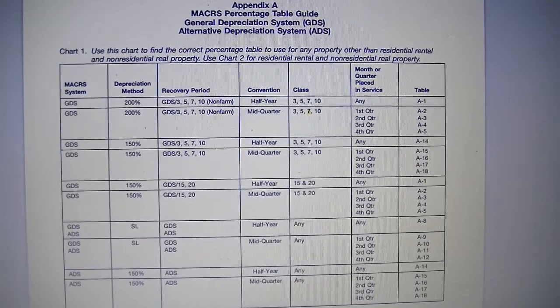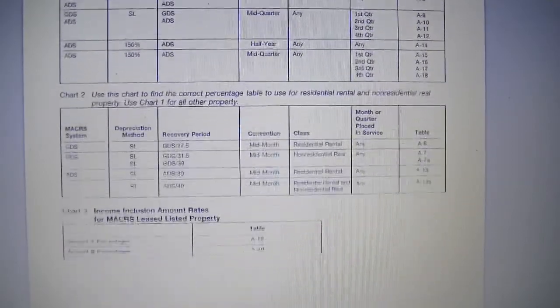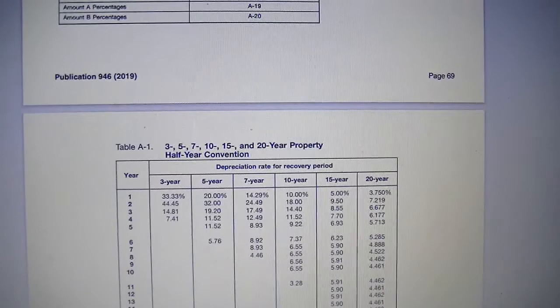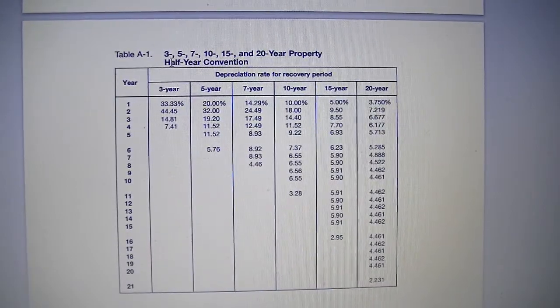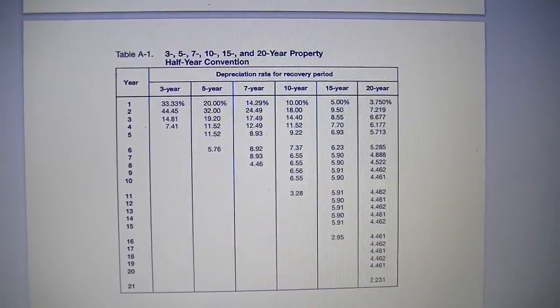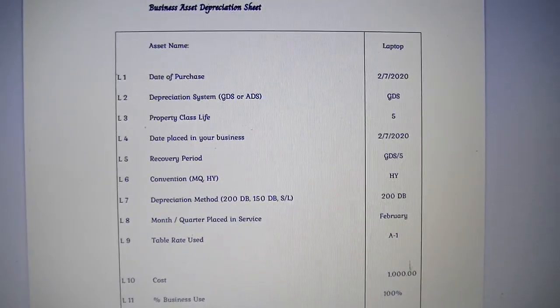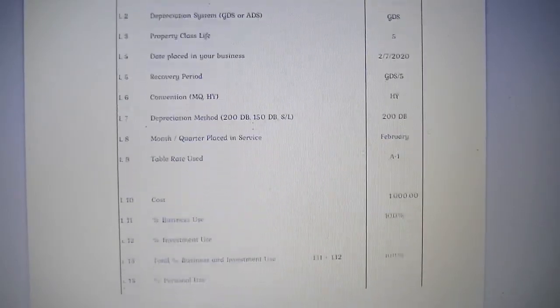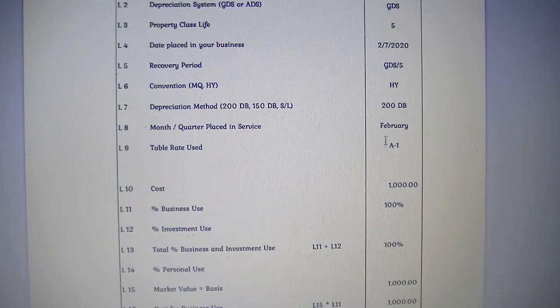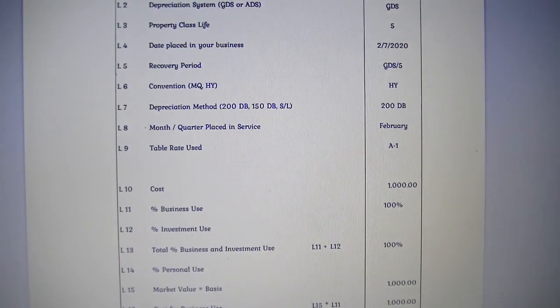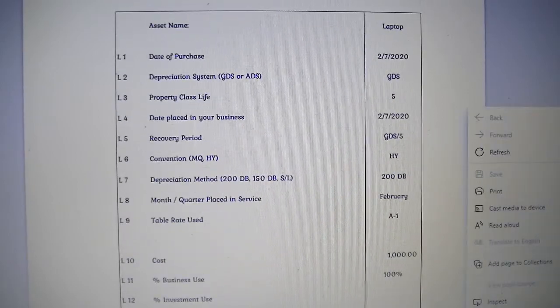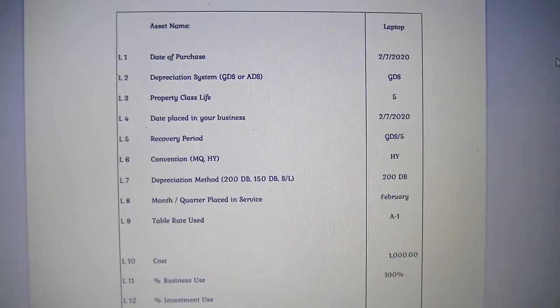So we will scroll down, and we have to write that A1 on our depreciation worksheet for that particular asset, and that's table A1. So we come to our sheet and we write table rate to use A1, and we are done with the business assets depreciation sheet.